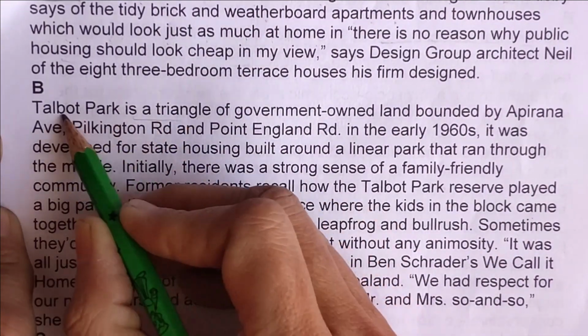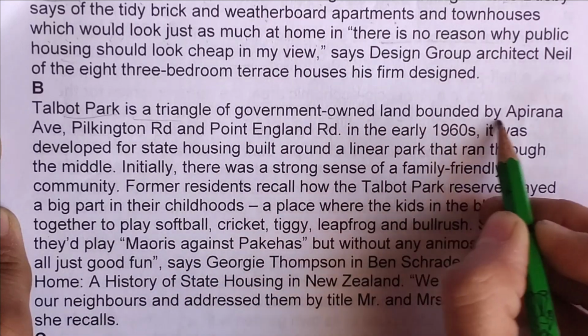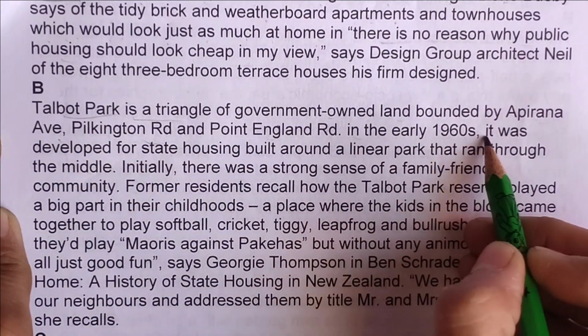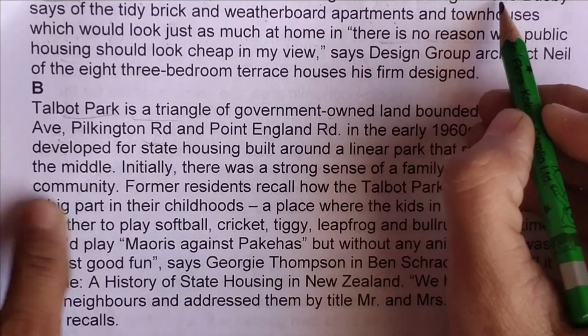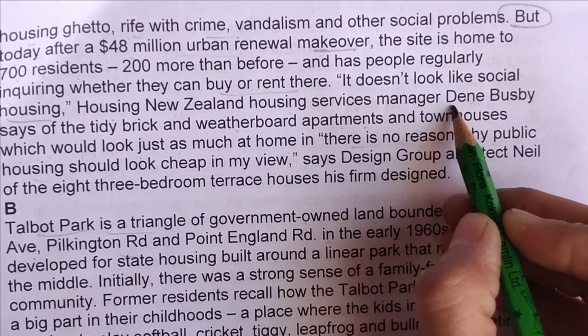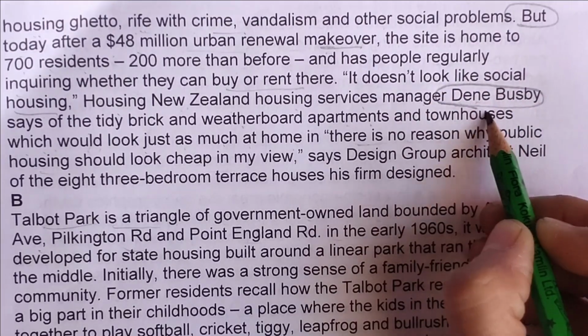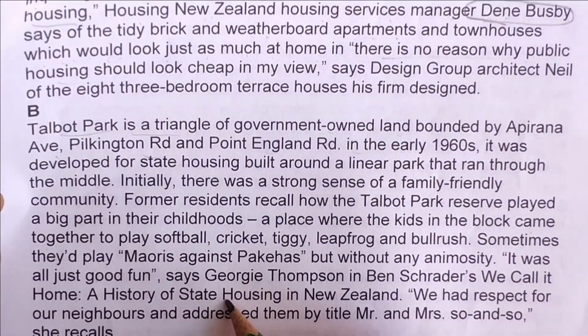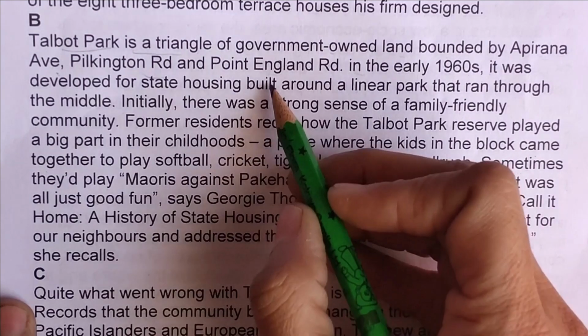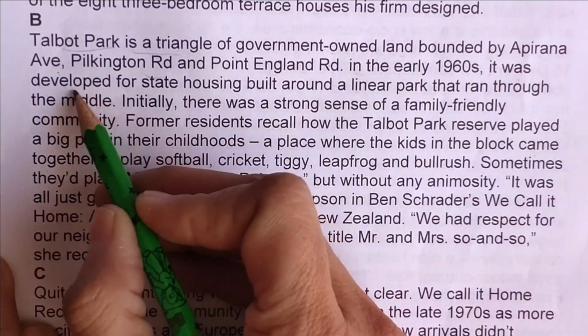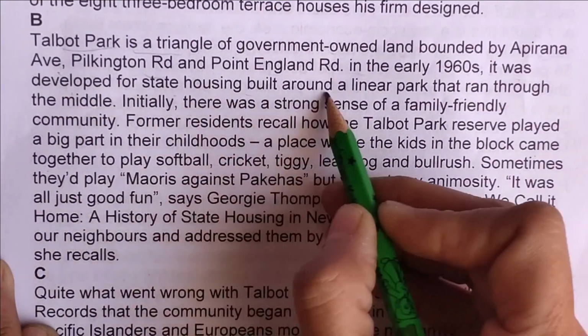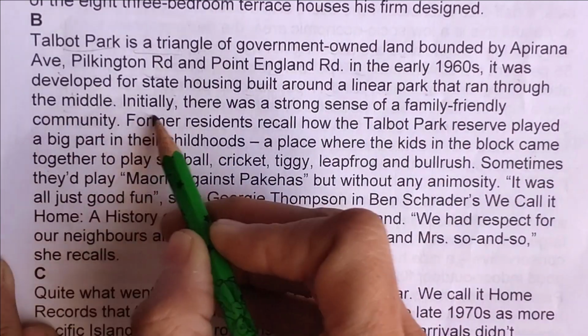Is a triangle of government owned land bounded by this in the early. So here a person's name was there in this paragraph. Manager, this also. So I have done it. Okay, so here in B paragraph, it was developed for state building linear park that ran through.